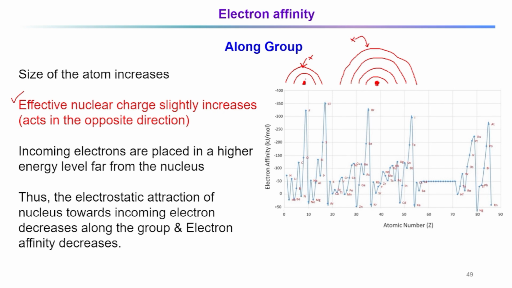So the nucleus is much closer in this case. The distance from the nucleus to the incoming electron is less here, whereas on the right-hand side the distance is much more. As the distance increases, the electrostatic attraction decreases. Here the distance is less, so the attraction is more.